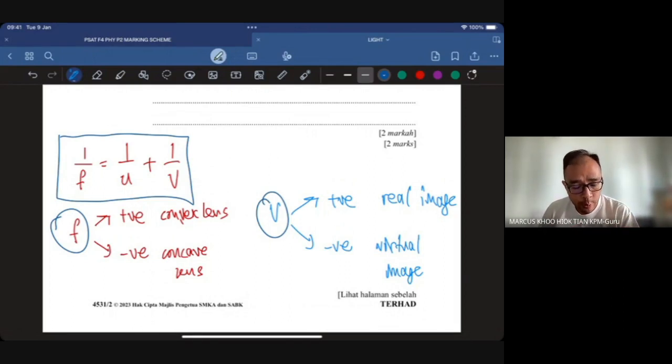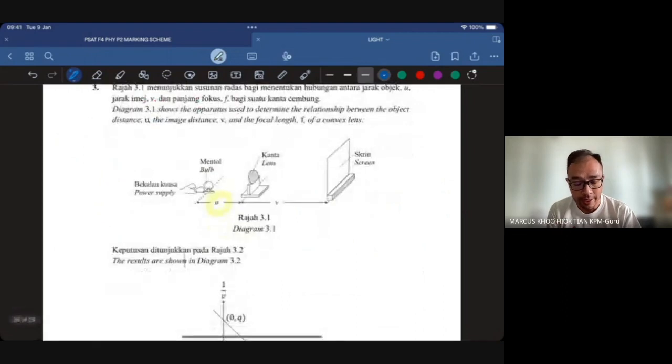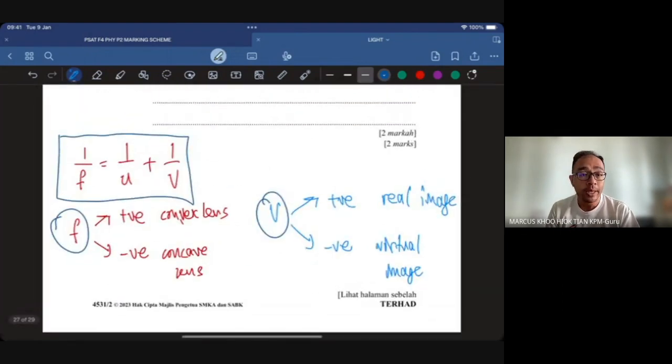If we are using a convex lens, like in this case, the F is positive. But if the question asks for a concave lens, the F is negative. This is not given to you. You have to remember this fact. They will not write that the focal length of the concave lens is negative 20 cm. You have to put in the negative yourself.